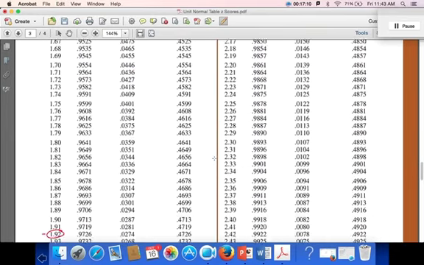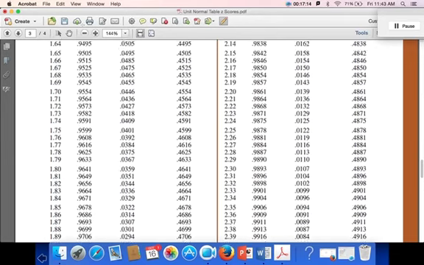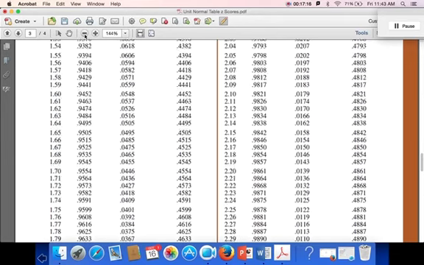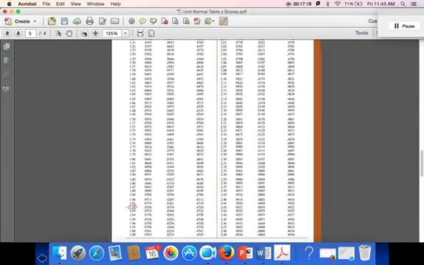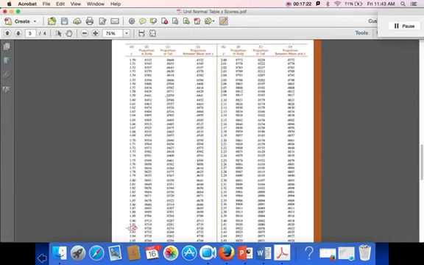We had circled 1.92, so it's right here. And now, rather than looking at column C, the proportion in the tail, because in our example the proportion in the tail are values that are lower than 50, we now need to look at the proportion in the body. So values that are going to be 50 or greater.